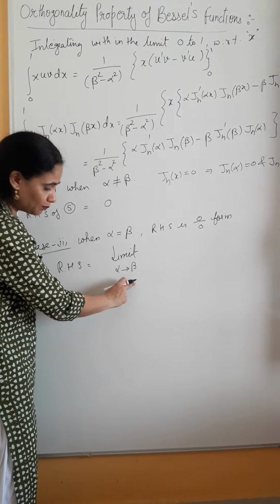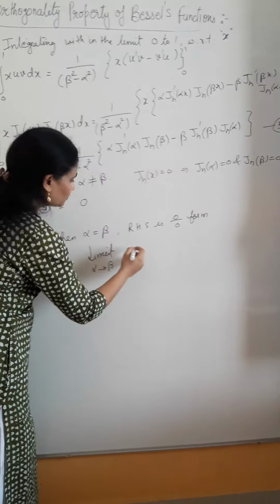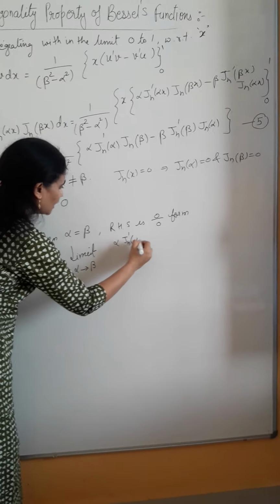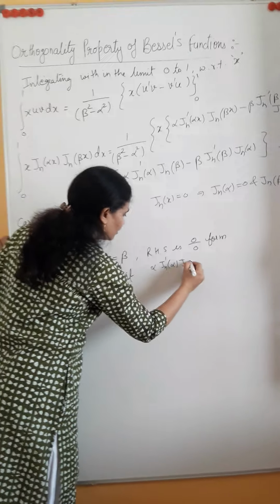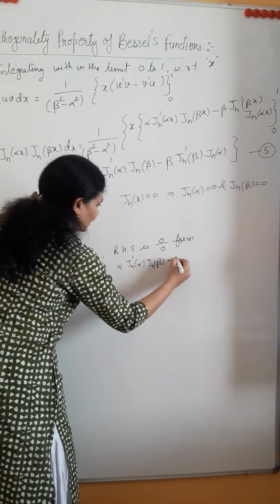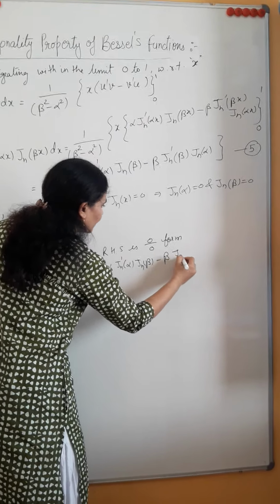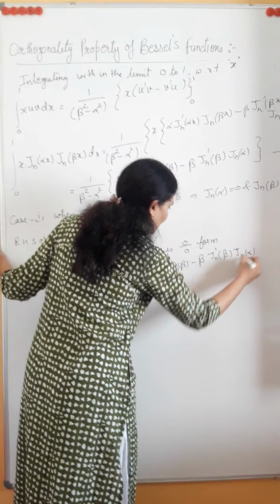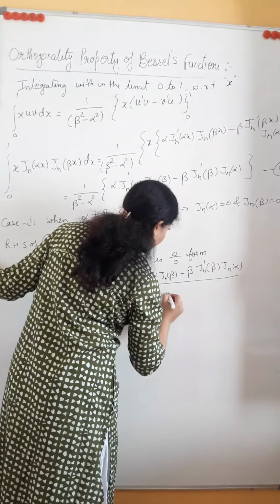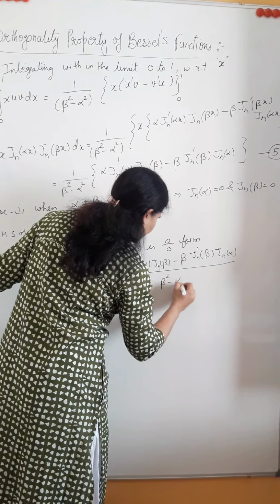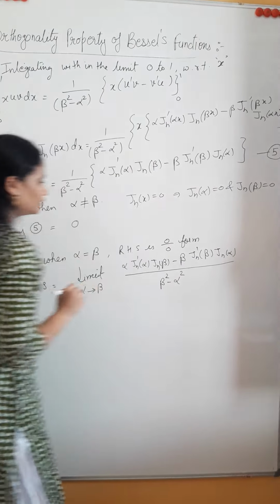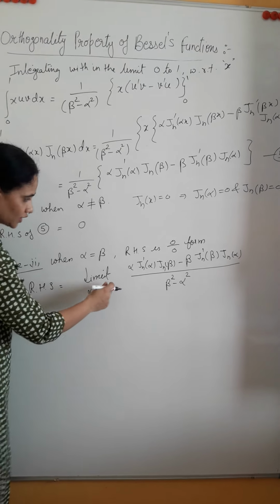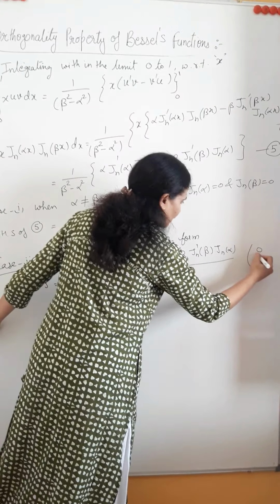So alpha approaches beta, and we apply this on Jn dash alpha Jn beta minus beta Jn dash beta Jn alpha divided by beta square minus alpha square. This is 0 by 0 form, correct? You can check. This is what we are doing here, 0 by 0 form.